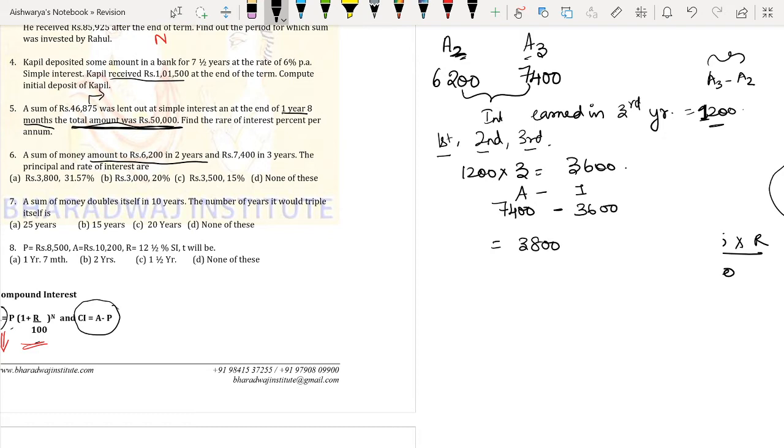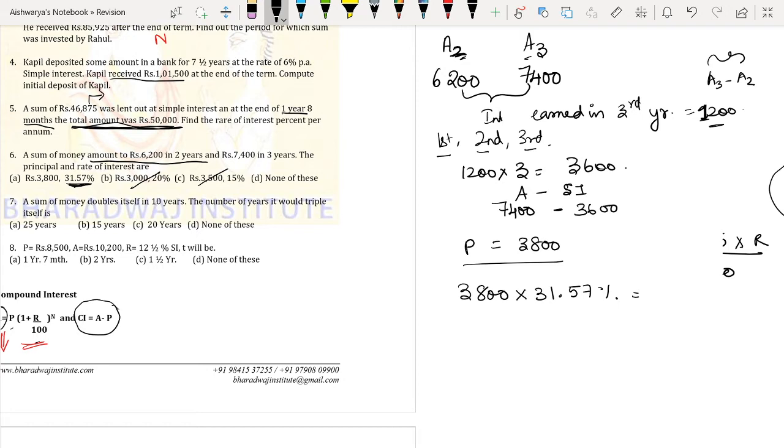So 3,800 will be the principal, amount minus interest. Either way you can write it. Now that you know the principal, you have to find the rate of interest. When options are given to you, you can eliminate some options. This is the percentage that we have, so we can use it and check. 3,800 into 31.57 percent, how much do you get?